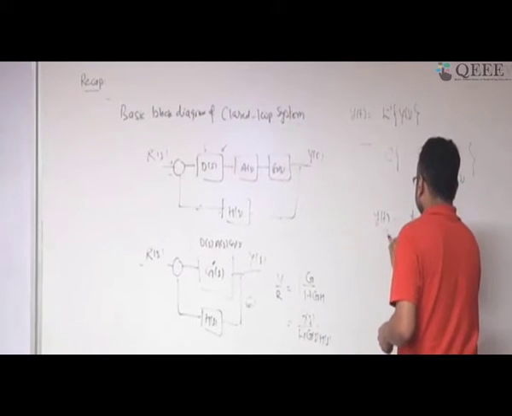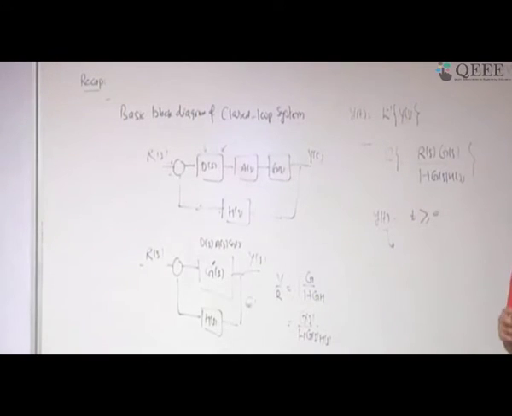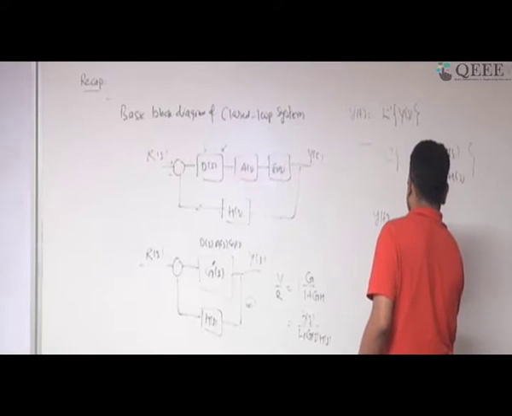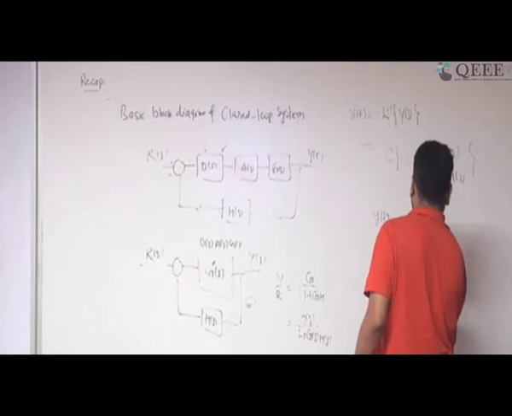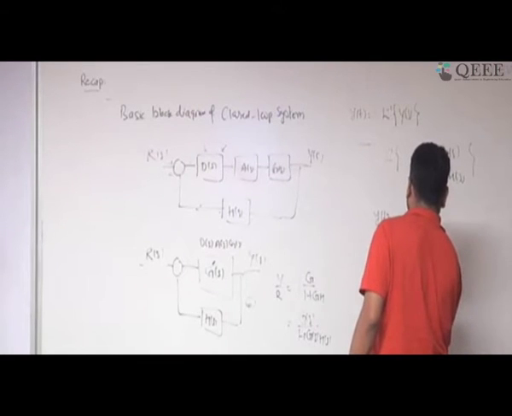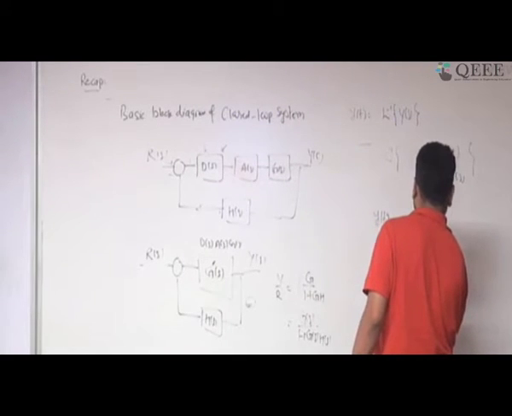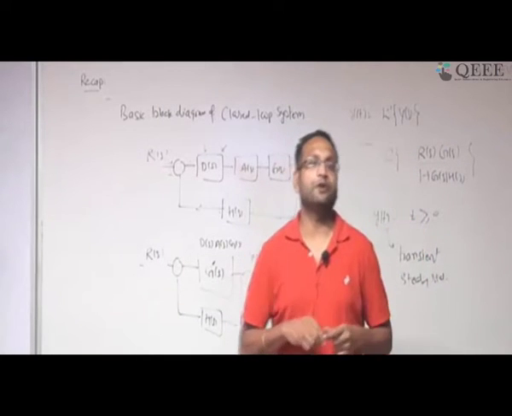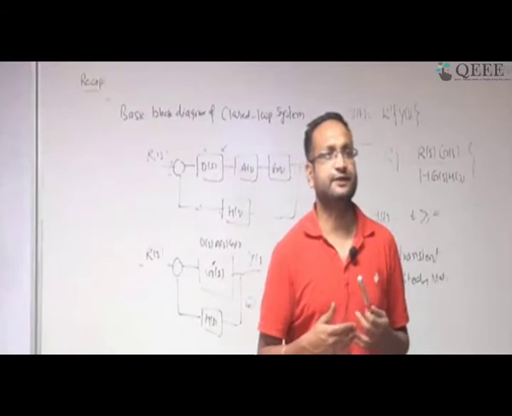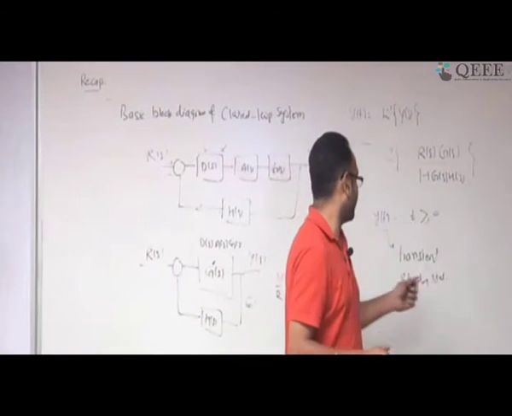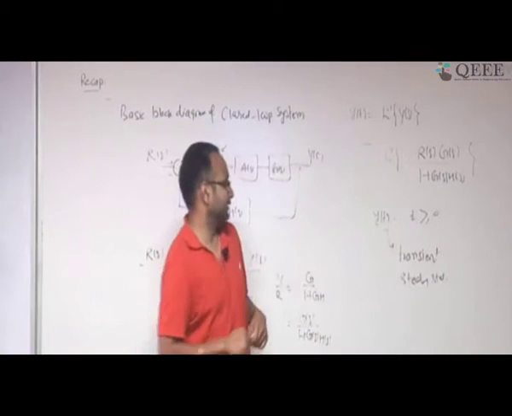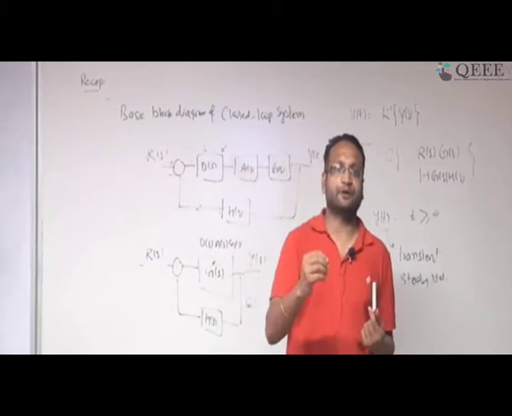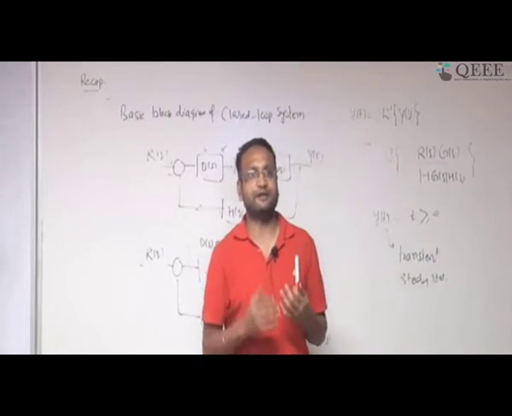When I took some examples, I talked about transient response and steady state response. Transient response comes because of the system poles, and as soon as you give some input to the system, whatever response comes, we call that the transient response.